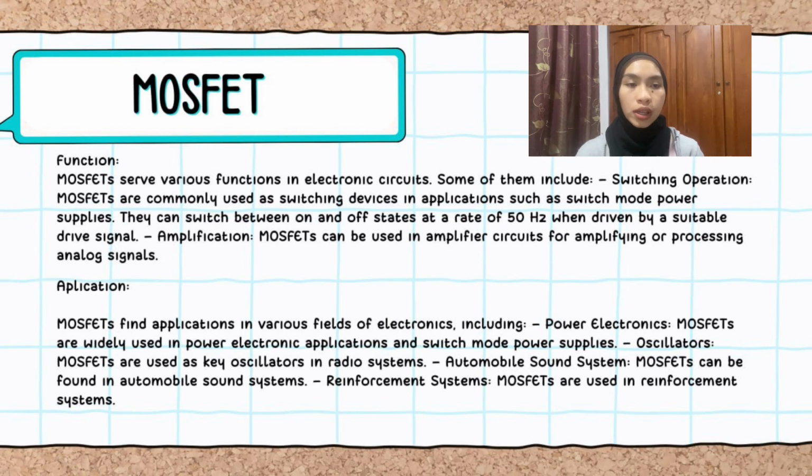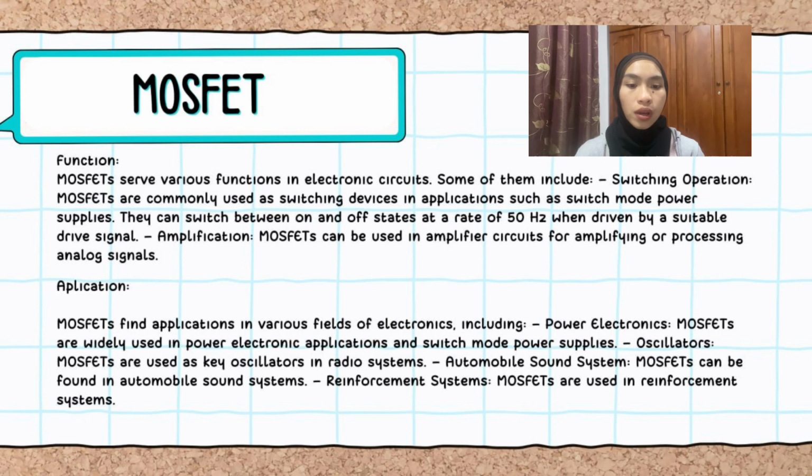Amplification: MOSFET can be used in amplifier circuits for amplifying or processing analog signals. The application of MOSFET. They find application in various fields of electronics, including power electronics. MOSFETs are widely used in power electronic applications and switch mode power supplies.